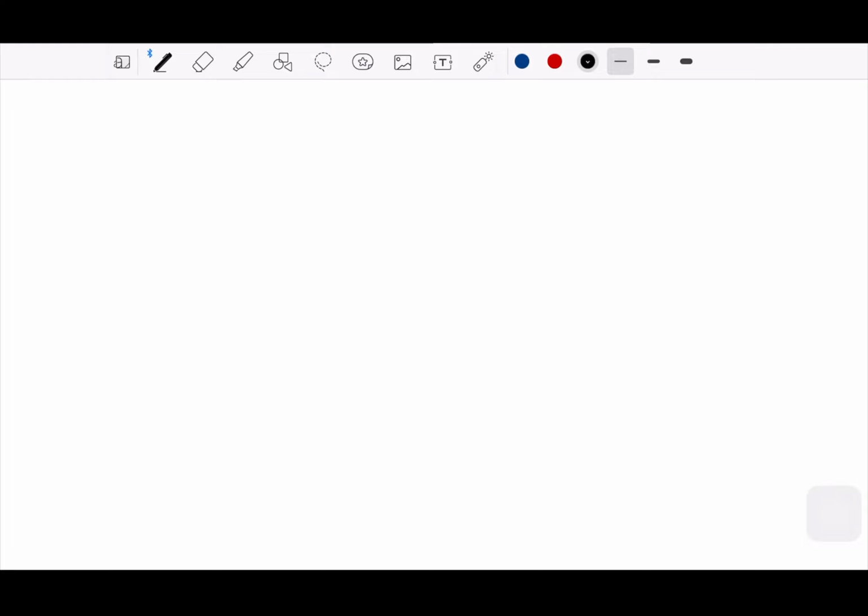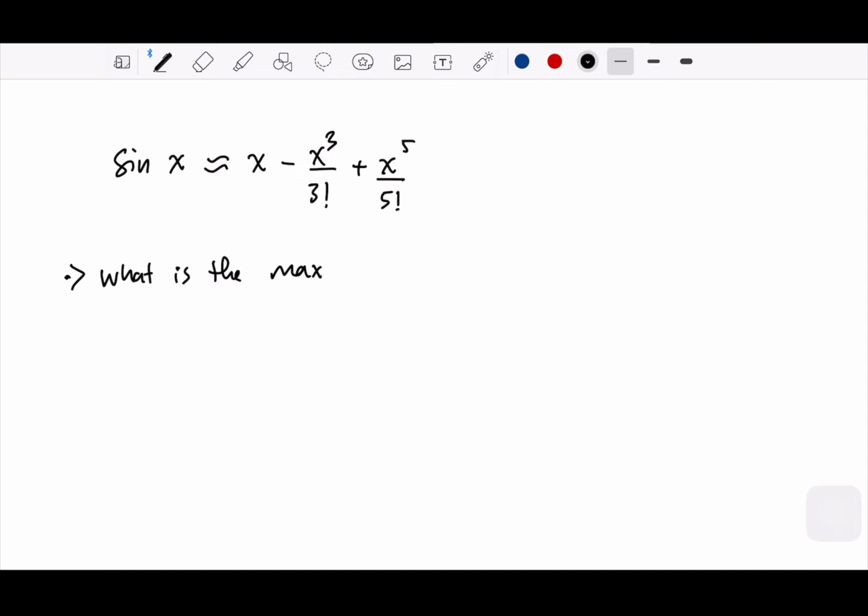If we have the approximation sin x approximated by x minus x cubed over 6, the question is asking: what is the maximum error possible when the interval is from -0.3 to +0.3?